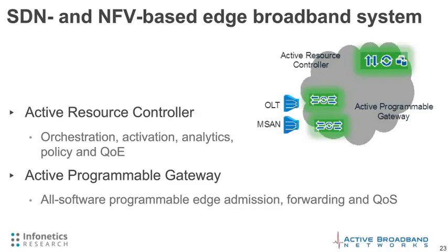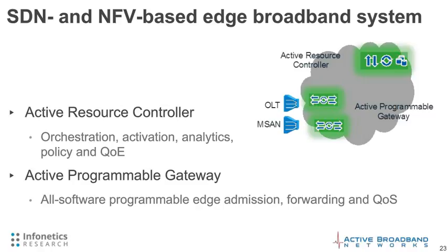Thanks, Michael. I'll do this very quickly. Our platform consists of two components: a controller that we call the Active Resource Controller. It's virtualized, has no specific server platform requirements other than the usual things, compute, storage, and network access for control plane.